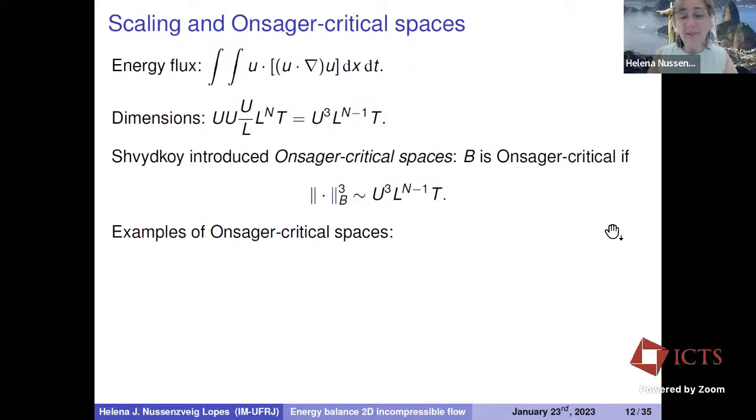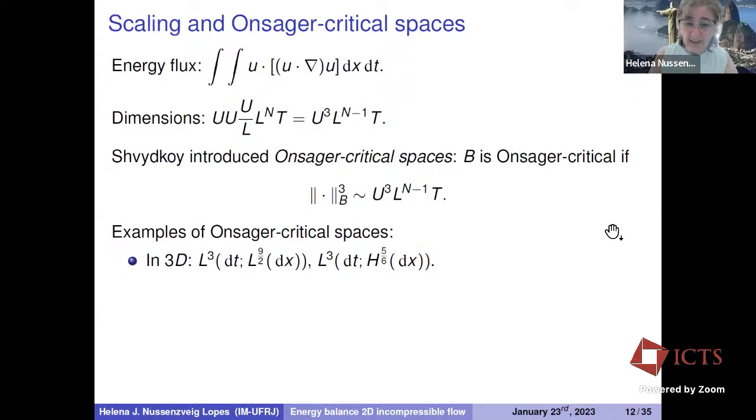So examples of Onsager critical spaces in 3D, L3 in time into L9/5 in space. This is for velocity. L3 in time into H5/6. In 2D, L3 in time into L6. L3 in time into W1/3,2.